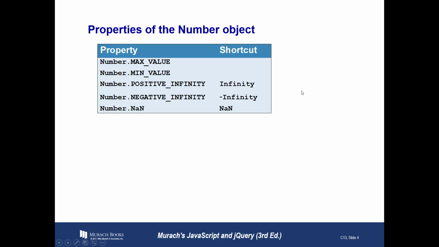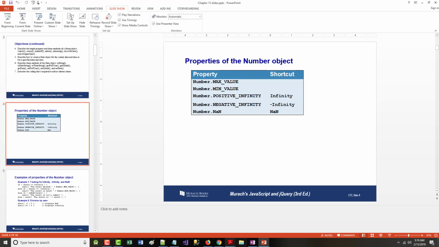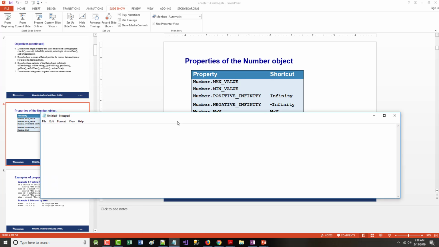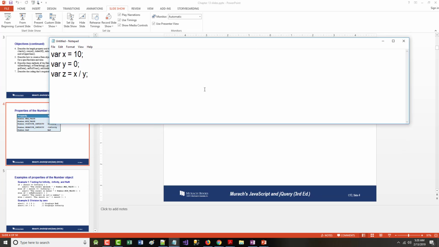Now, in many ways, JavaScript is a very different language in that if I come in and do something like this, I'm not going to write a full program, but I just wanted to show you something. In many programming languages, if I came in and did something like this, var x equals 10, var y equals 0, var z equals x divided by y, well, when you try to divide any number by 0, the answer really is infinity.